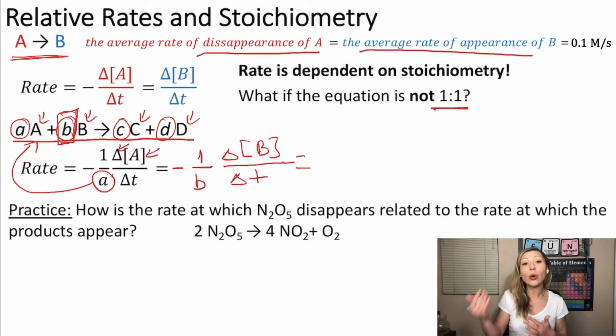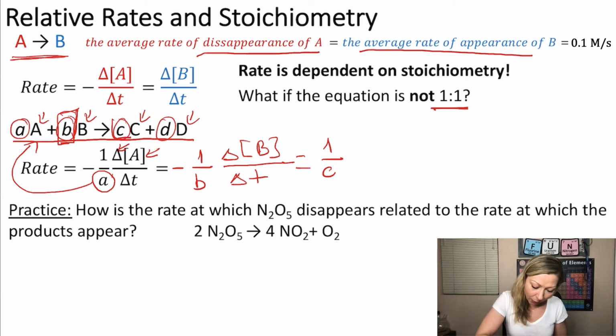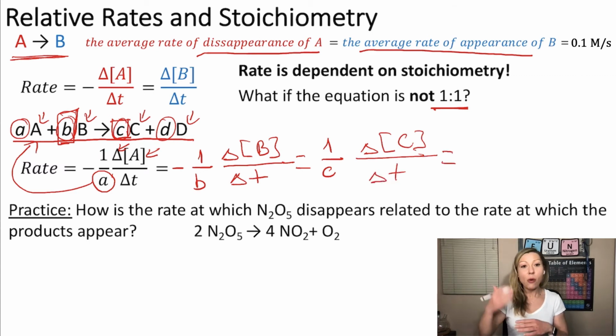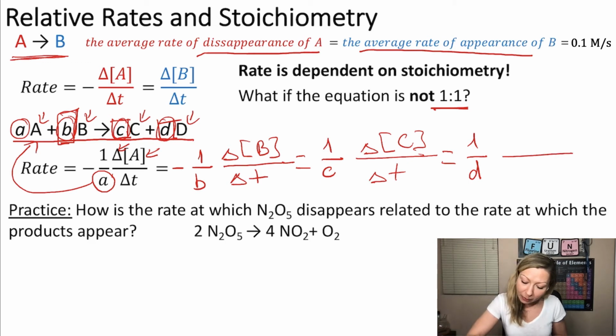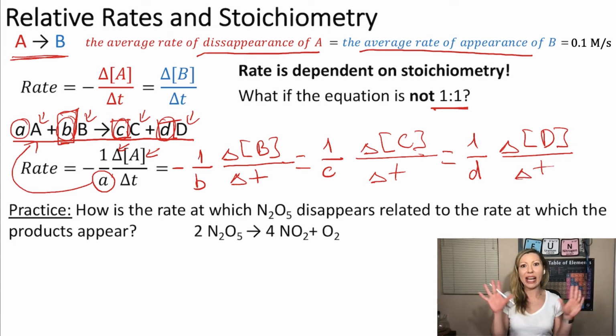Now, this is also going to equal 1 over c, the coefficient next to my product C, multiplied by the change in concentration of C over change in time, which also equals 1 over d, again my coefficient next to my product D, multiplied by the change in concentration of D over change in time. All right, I hope this makes sense.